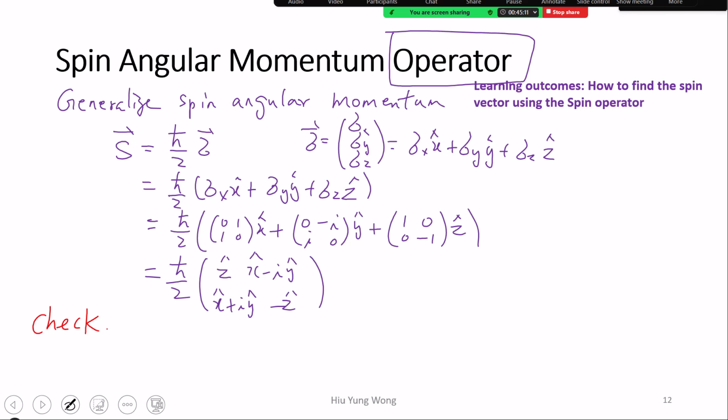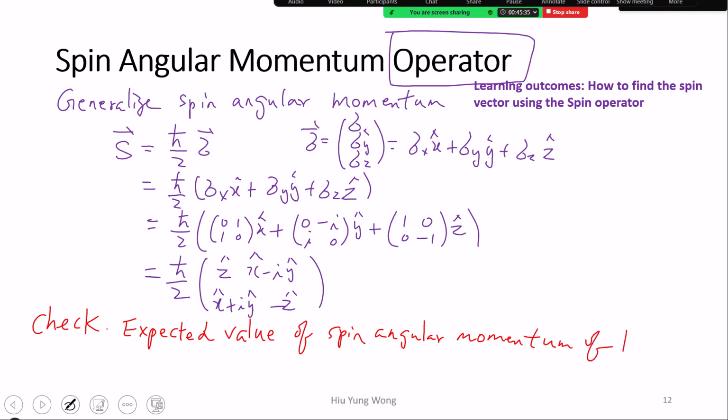For example, what is the expected value of spin angular momentum of the zero state?